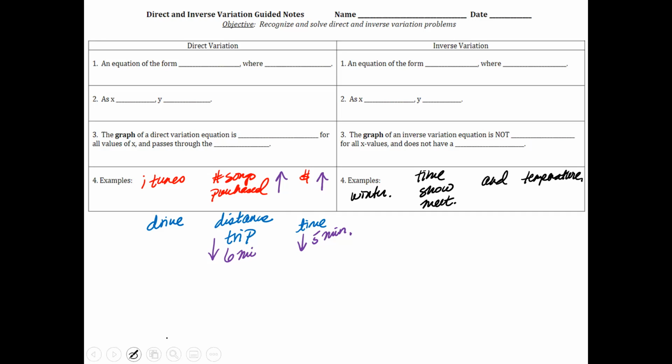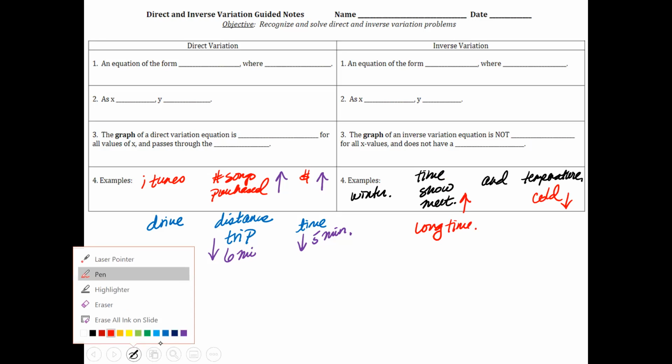If you think about it, if it is really cold, then the amount of time it would take for snow to melt goes up. It's going to take a long time, right?